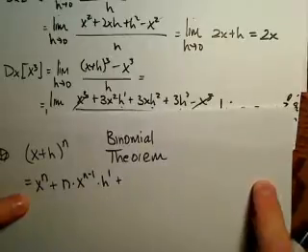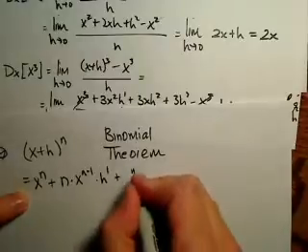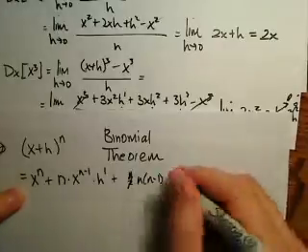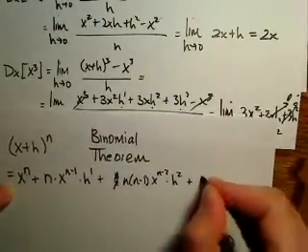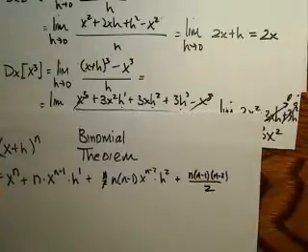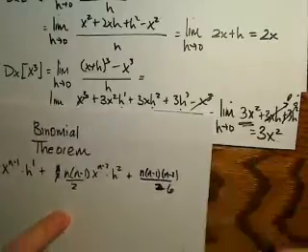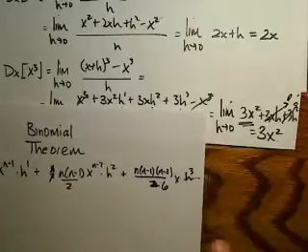And then everything else is going to have more than one h in it. I'll do it more generally: n times n minus 1 over 2 times x to the n minus 2 times h squared. Then it'll be n times n minus 1 times n minus 2 over 6, 3 factorial. And it'll keep going. This will have an h cubed in it, and so on and so on and so on.